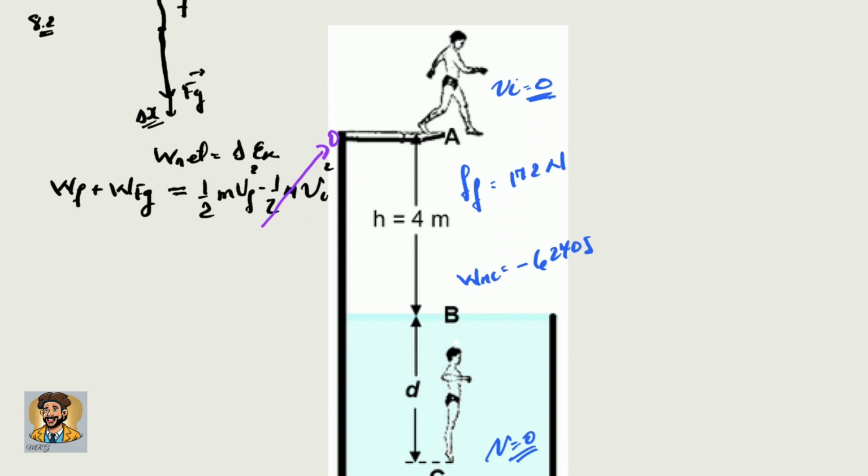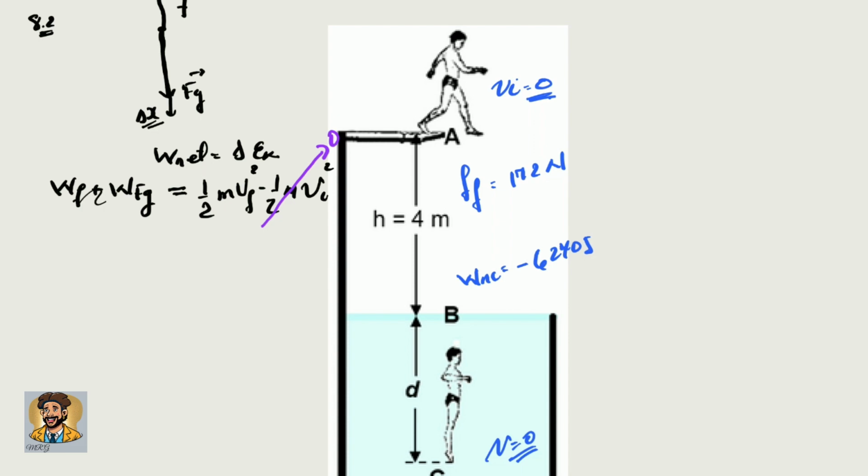In this case, we have work done by friction, plus the work done by the gravitational force, and this is equal to the change in kinetic energy, which is half mass final speed squared minus half mass initial speed squared. Okay, we know that the initial speed is 0, therefore we already can say this one is going to be 0 because the diver moved from rest.